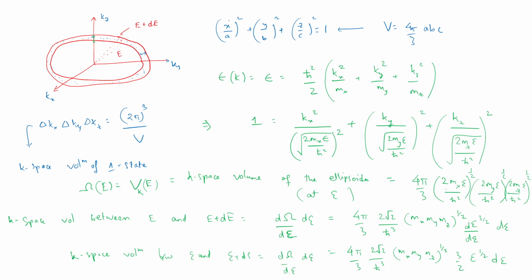Now what we want to do is find the number of these points. So the number of k states will be this quantity divided by the k space volume of one state. Okay, so now all we need is to divide this quantity by this quantity.